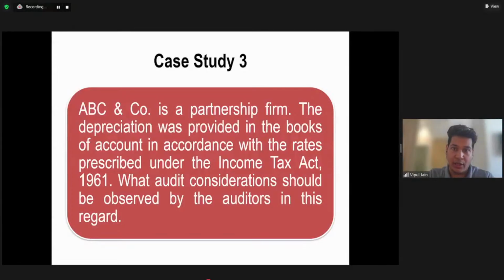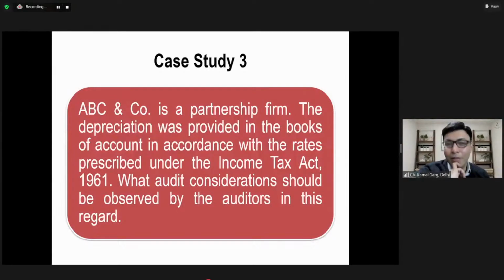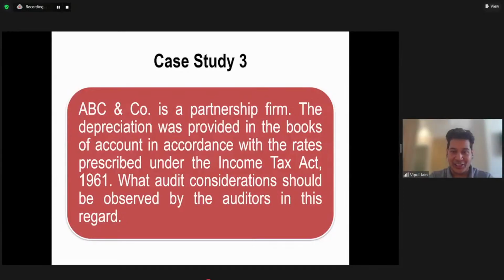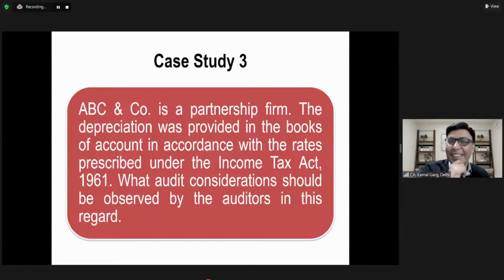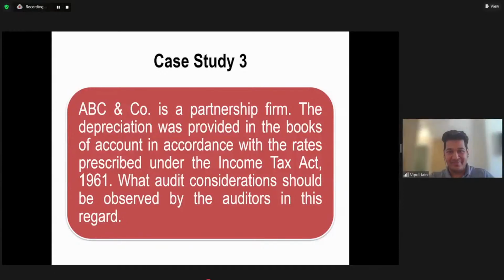Jay says, qualify audit report, case 3. Can you please also tell me why qualify? The answer is correct, here the audit report needs to be qualified, but why? Jay, document your conclusion.